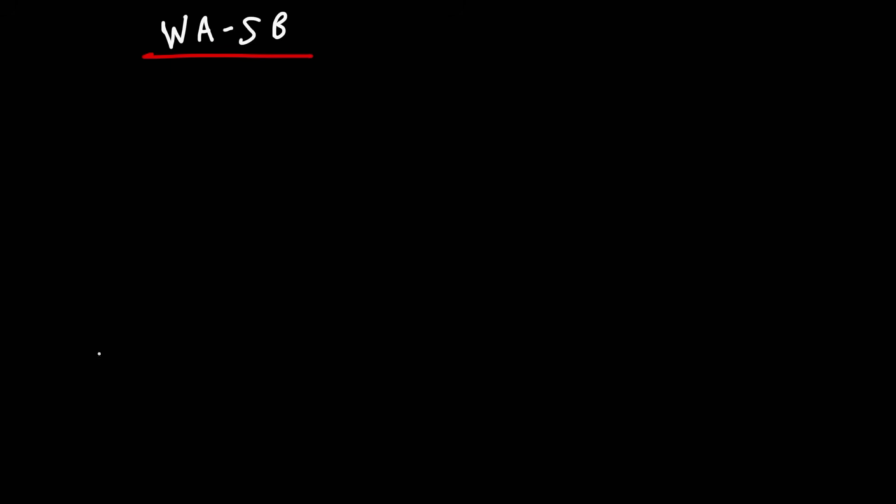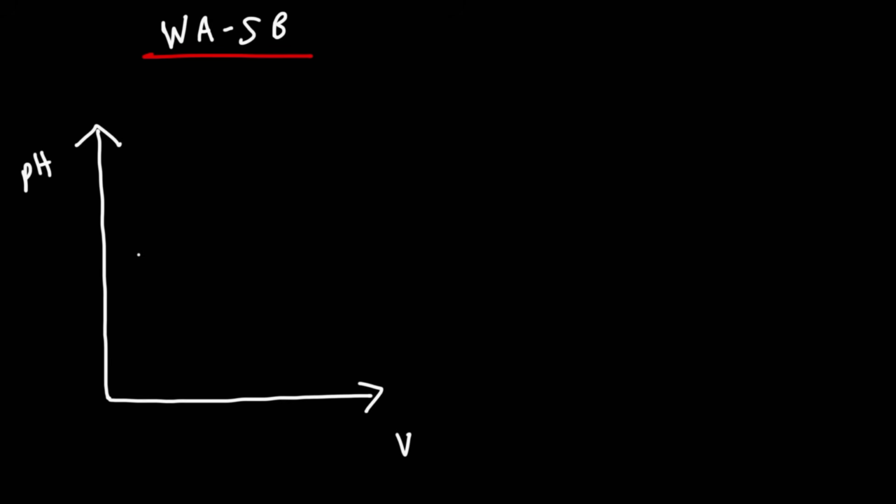Now, what about a weak acid, strong base titration? How can we draw a pH curve for that? So because we're starting with an acid, we're going to start with a low pH. But it's going to be a little bit higher than the strong acid, strong base titration, assuming the concentration of the weak acid and the strong acid are the same.